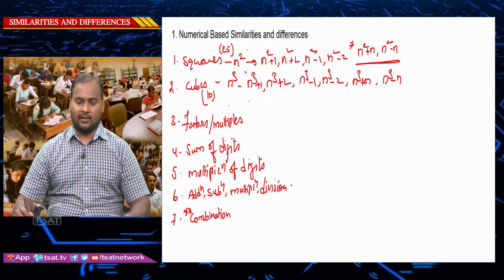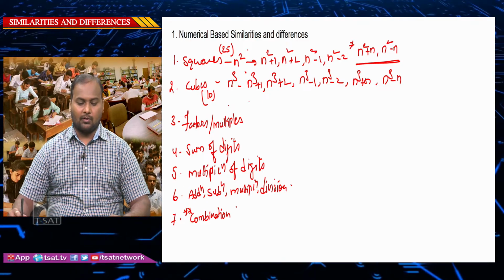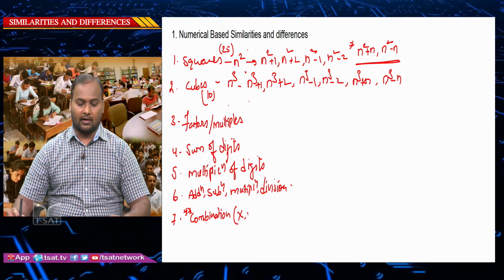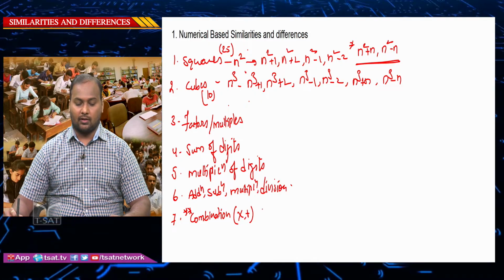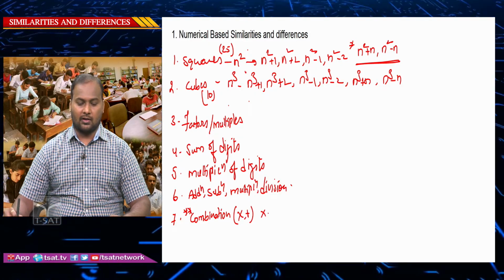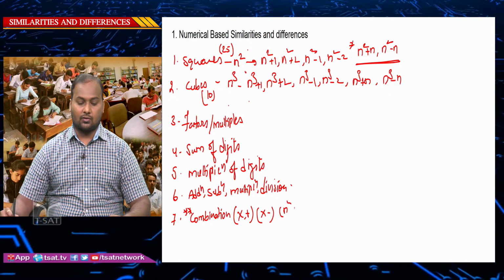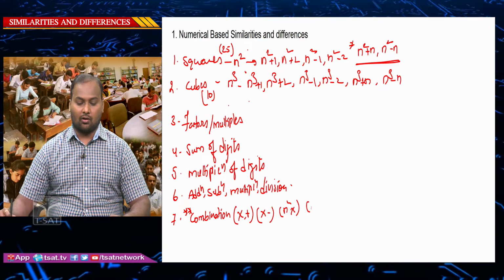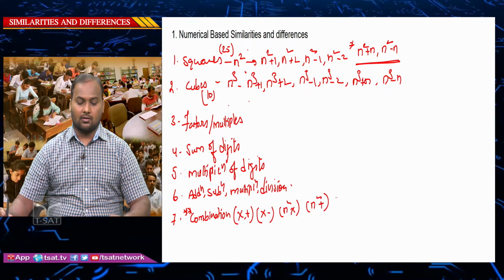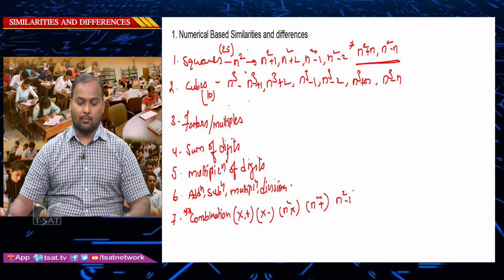So, how can this combination be done? For example, the combination of multiplication and addition. This is one combination. The combination of multiplication and subtraction is one more combination. The combination of squares and multiplication, squares and additions, squares and subtractions.